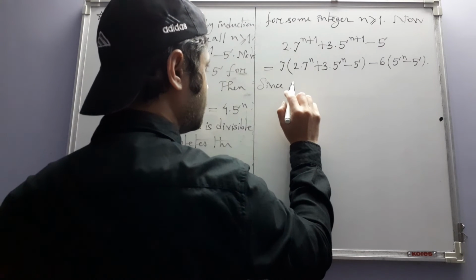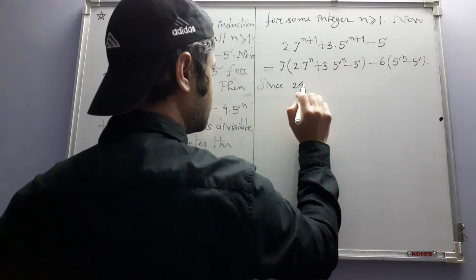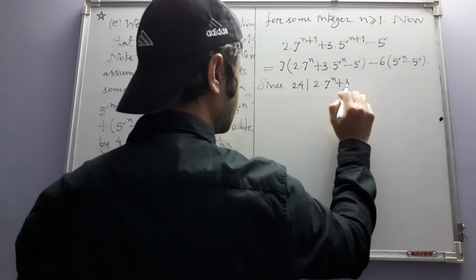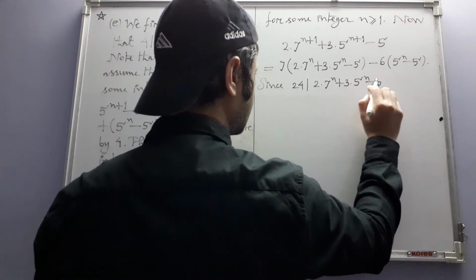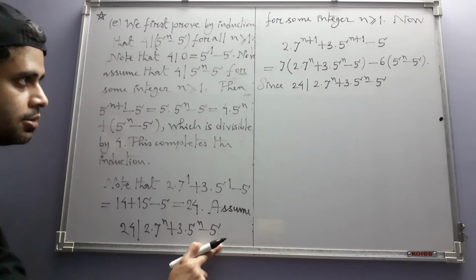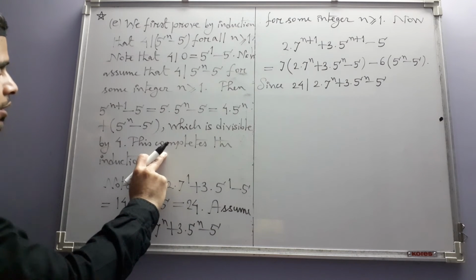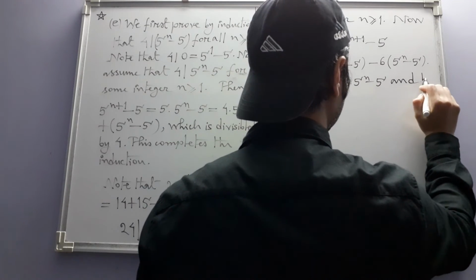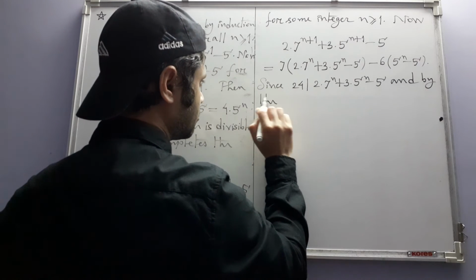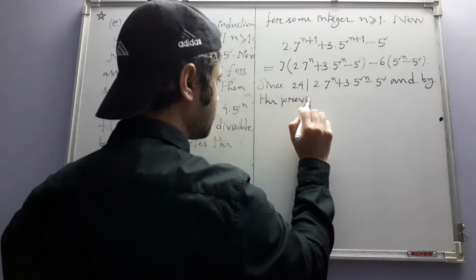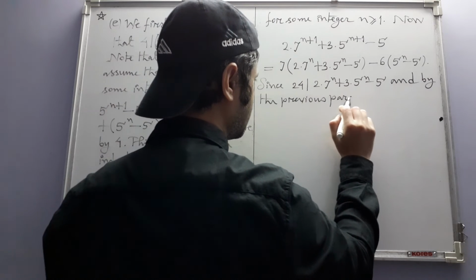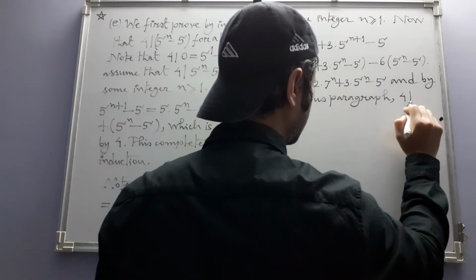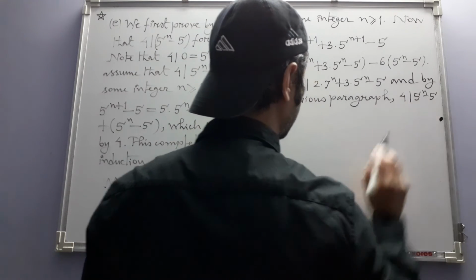Since 24 divides this, that is our induction hypothesis, and by what we have proved in the previous paragraph, 4 divides 5 to the power n minus 5.